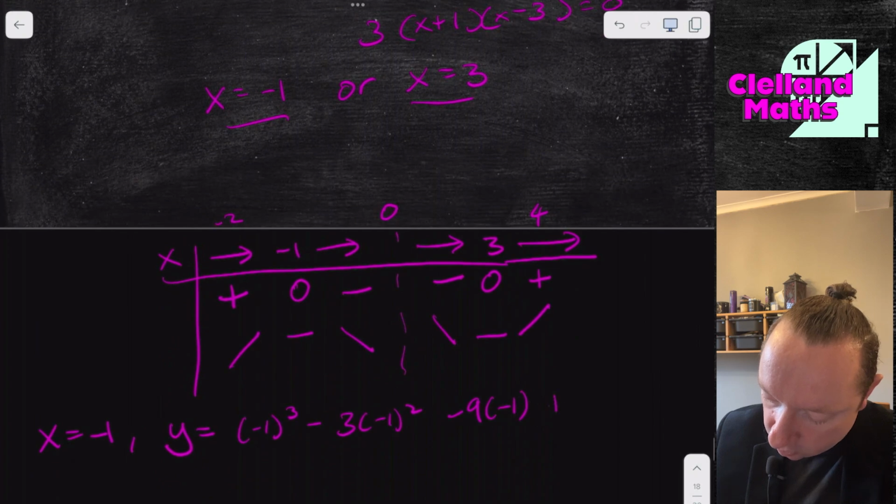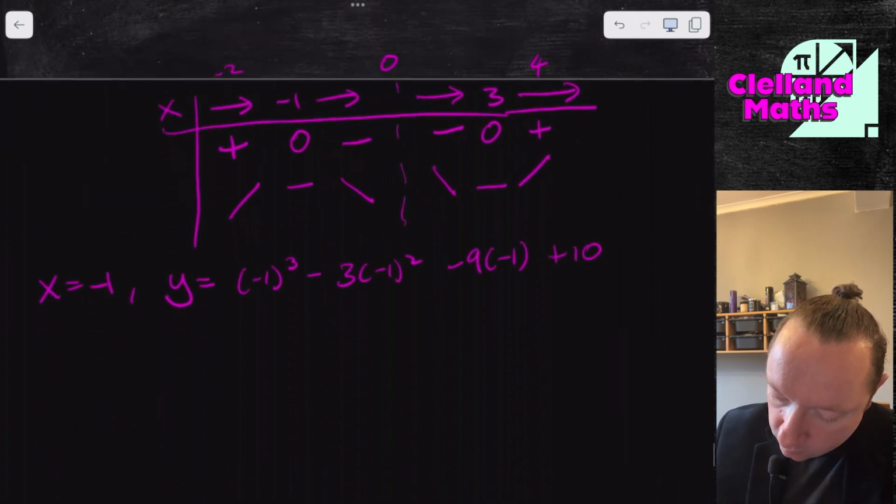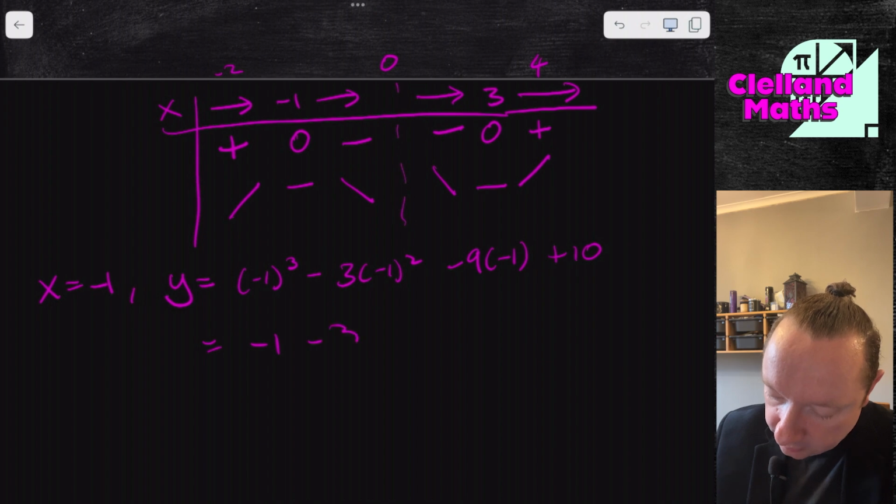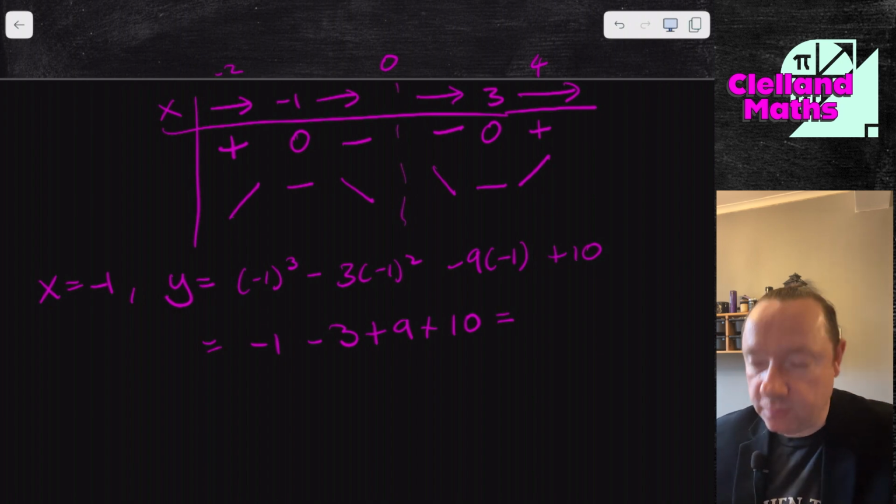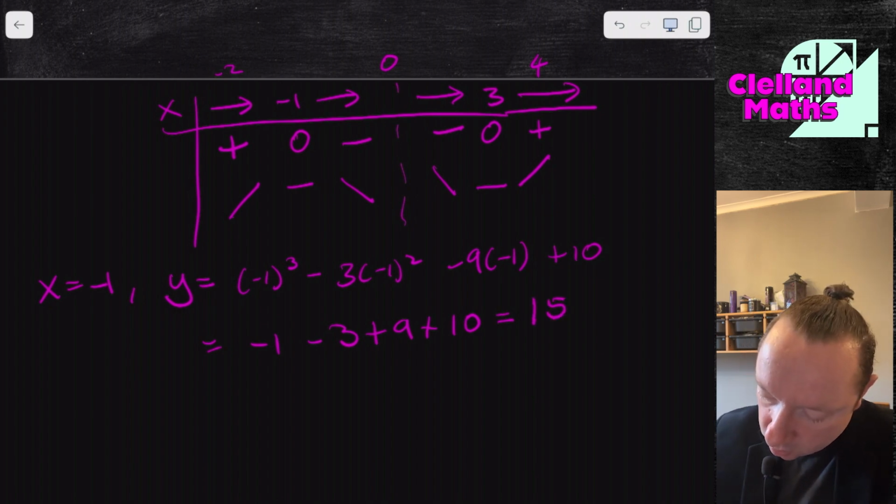So we need to keep our head on. Minus 1 cubed is minus 1, minus 3 times 1 is minus 3, minus times a minus is a plus, so that's minus 3 plus 9 plus 10. Minus 4 plus 19 is 15. So (minus 1, 15) is a max turning point.